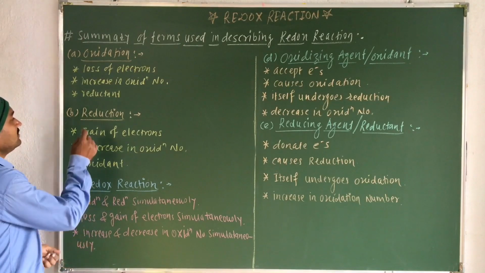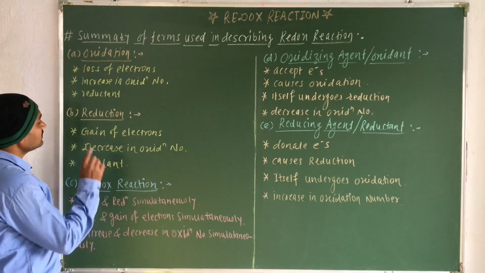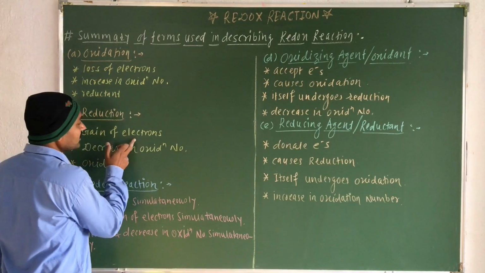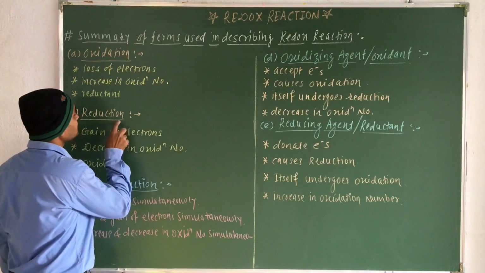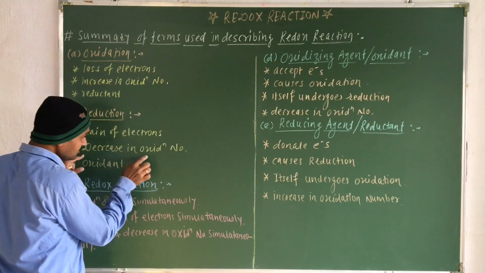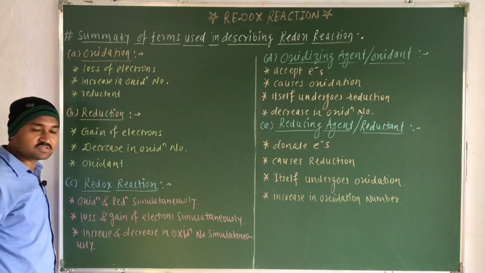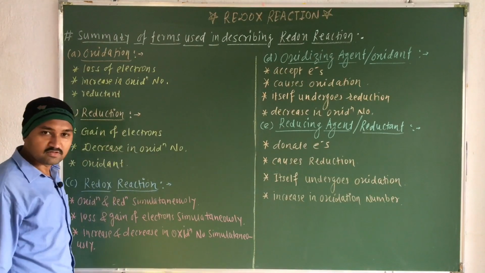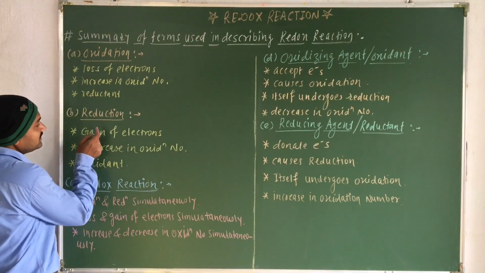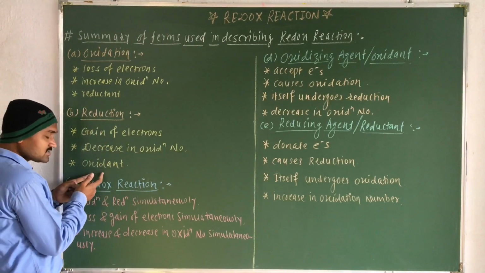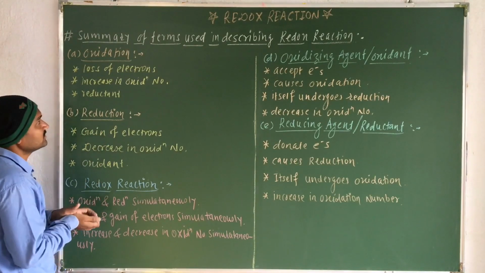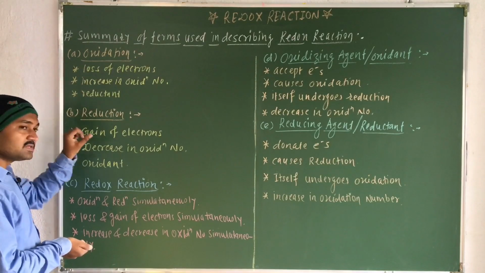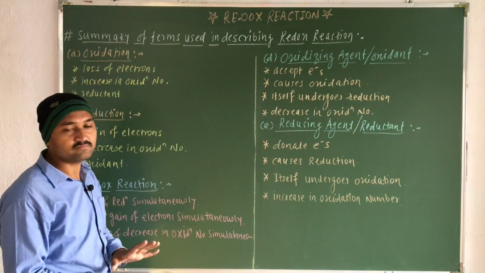Now what about reduction? We have defined gain of electron in the electron transfer concept as a reduction reaction. So decrease in oxidation number is a reduction process in your oxidation number method, and whenever the reduction takes place, that particular species acts as an oxidizing agent. These are very short points, but very useful for your NEET and JEE.